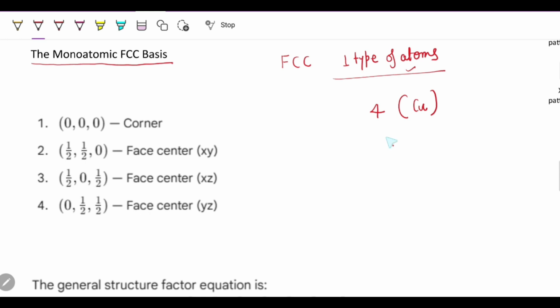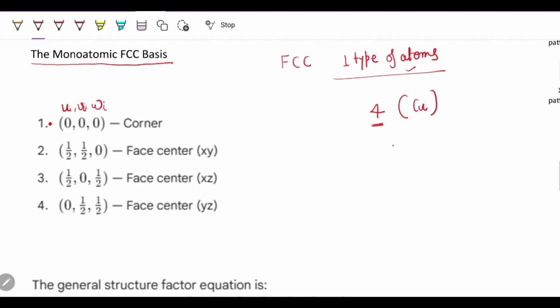When we see the coordinates of these 4 atoms, let's say first we put one at a reference point. These coordinates we call u, v, and w, so uj, vj, wj.